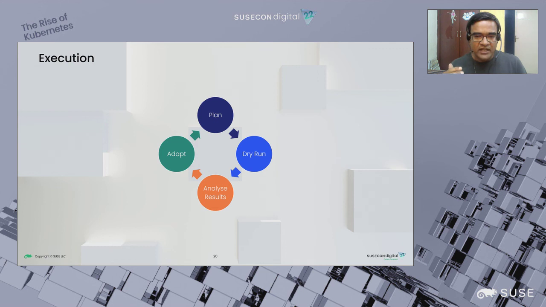So the idea is to plan, and to do a dry run. That's the most important, because you may have a thought process in your mind when you're building the plan, but it needs to be validated to ensure that your thought process and the outcomes are getting aligned.